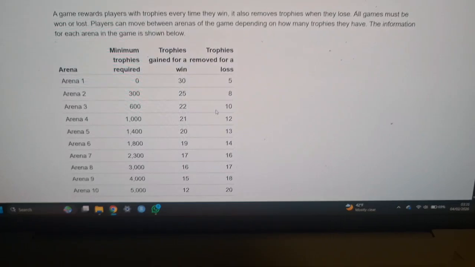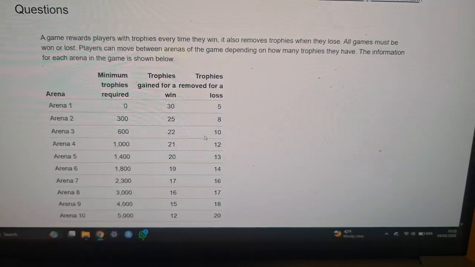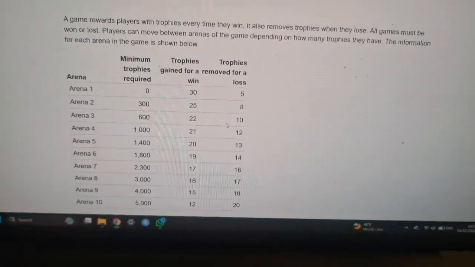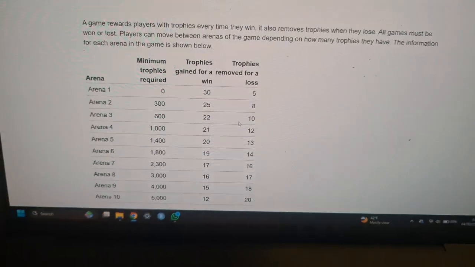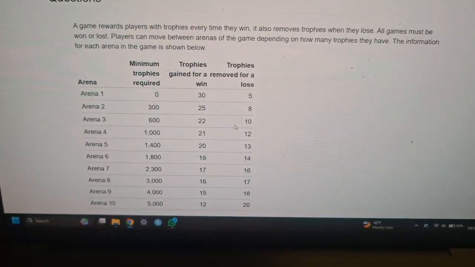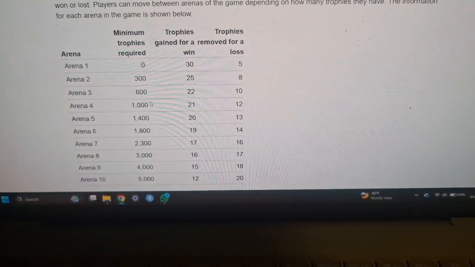Realistically, what we want to measure here is not the expected number of trophies per game. We want to know the expected number of games given the trophy attribution between the areas. If you just assume you go from 600 to 1,000, that's not how it works.